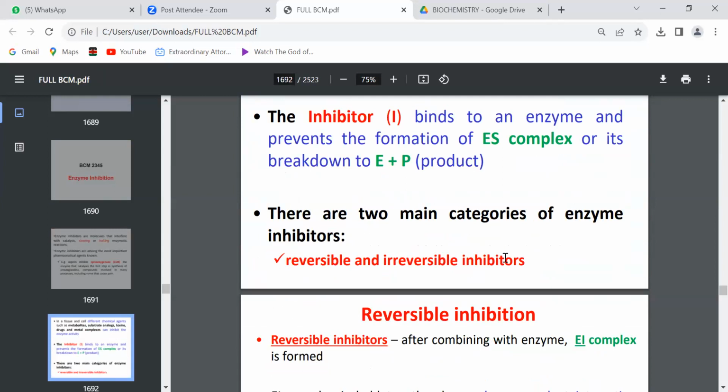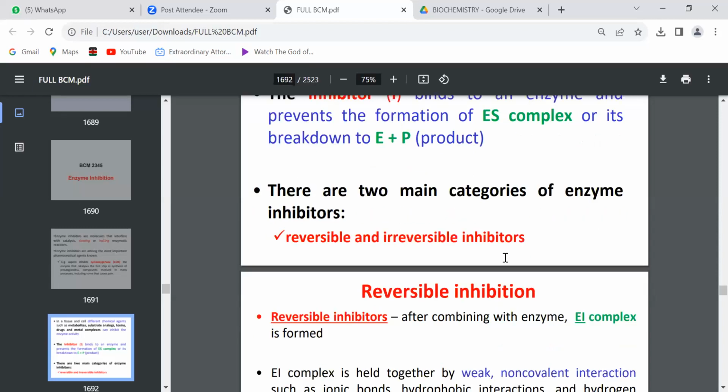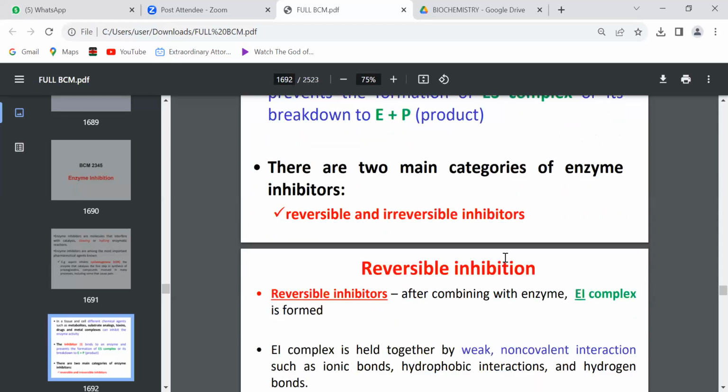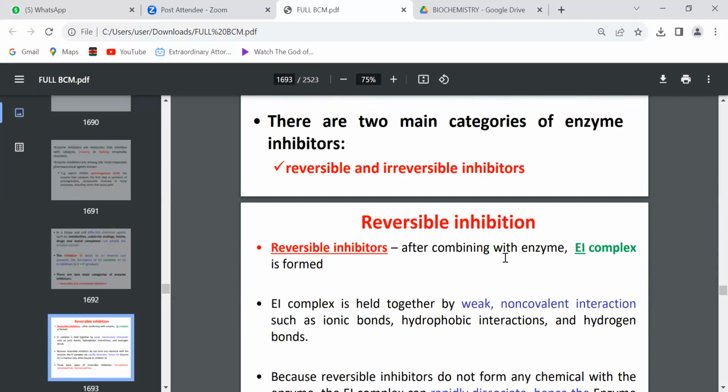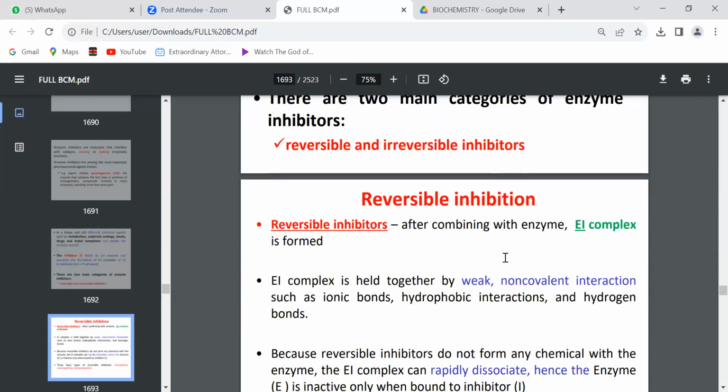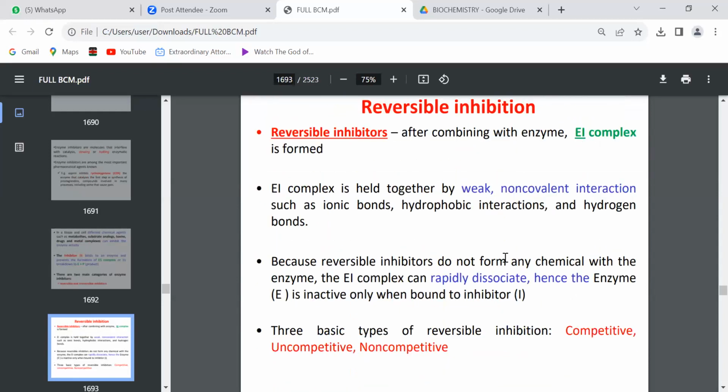For the reversible ones, of course, they are reversible, so we can just go back to not inhibiting and continue with our normal reactions. They bind to form an enzyme-inhibitor complex, but it's held together by weak non-covalent interactions like ionic and hydrophobic interactions, which rapidly dissociate, and then they just leave the enzyme, which can go back to continuing with the normal reactions.